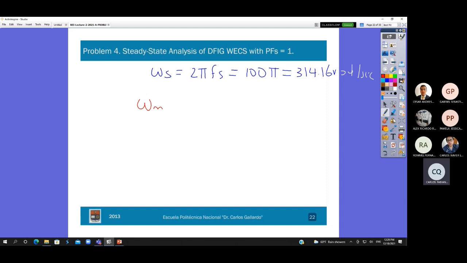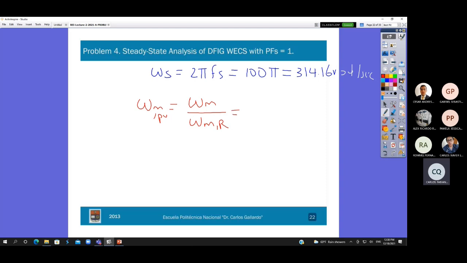So I will have here the speed ratio in order to estimate the new mechanical torque and the new mechanical power. This is the actual, and this is the rated value.